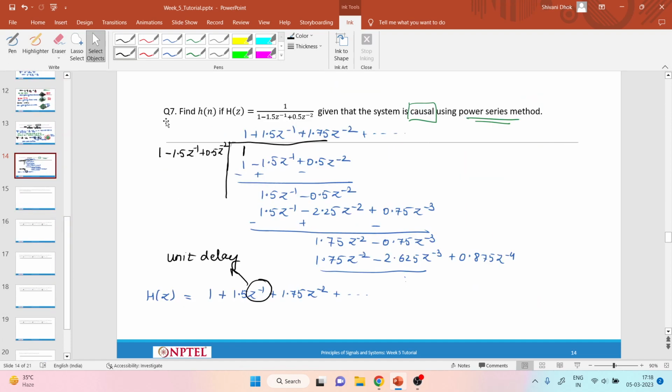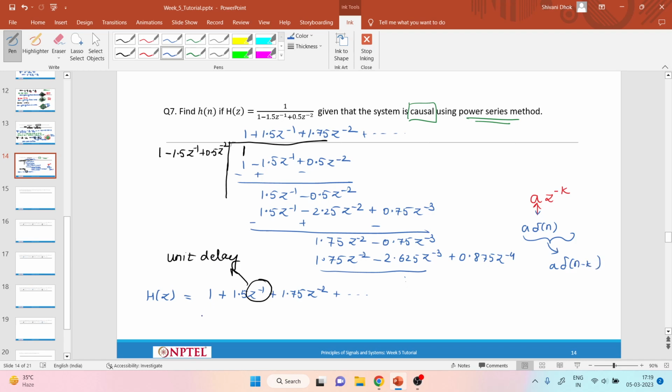That is, if I have a constant a multiplied by z power minus k, then this a has an inverse z transform of a into del of n, and together, using the time shift property, this gives a into del of n minus k.